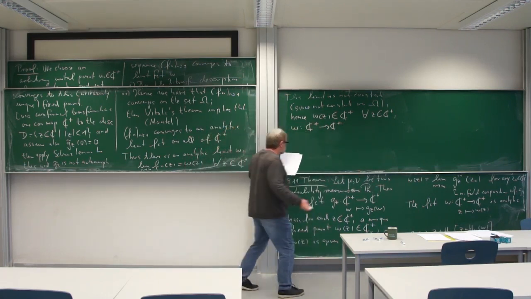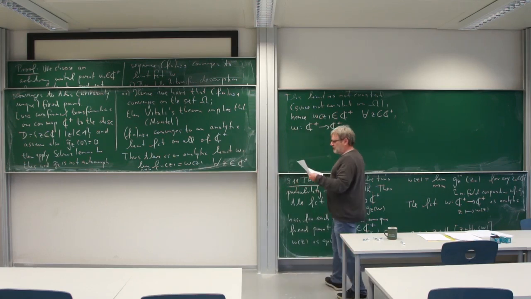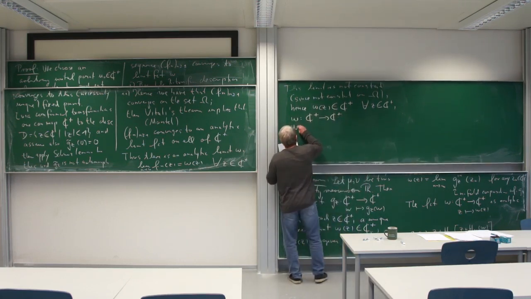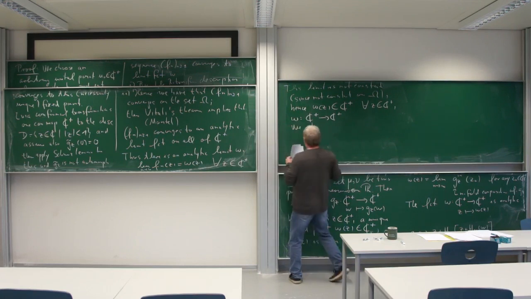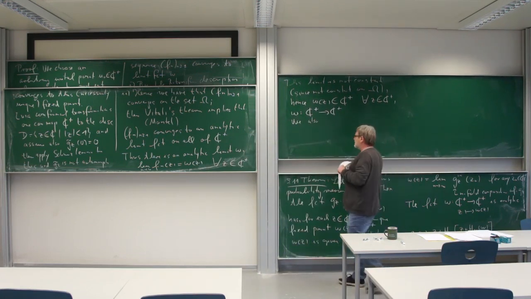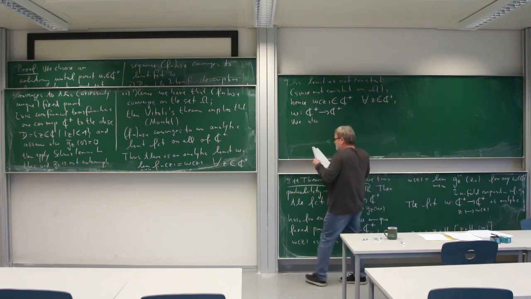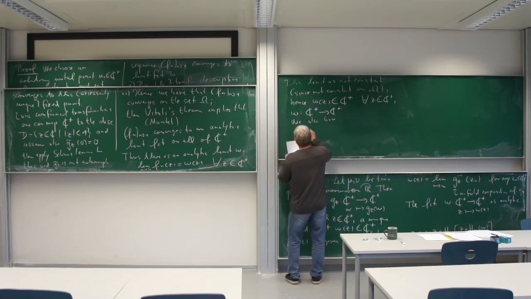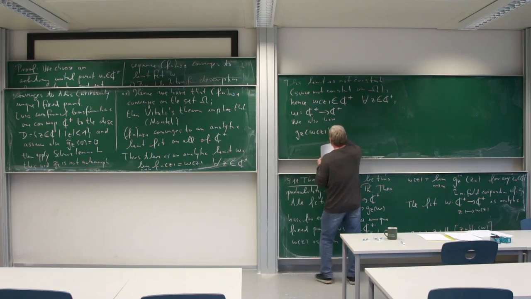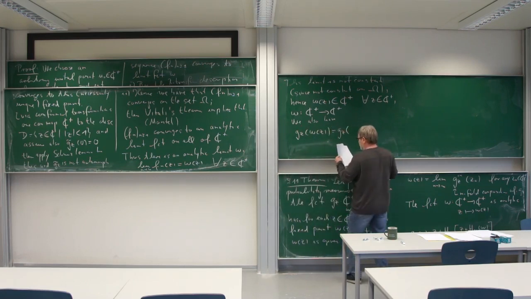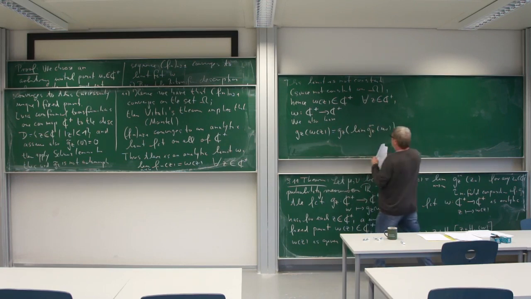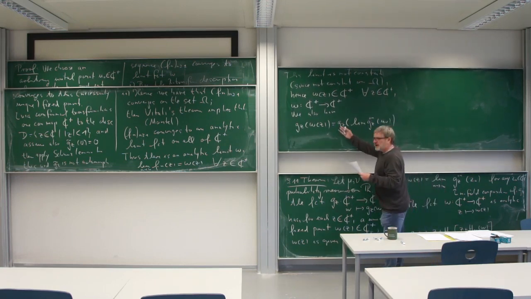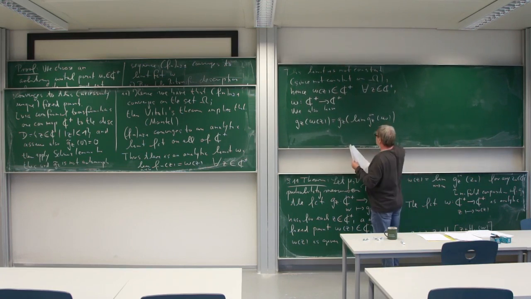And of course, it satisfies the fixed point equation because, and this is somewhat clear, if I have the limit of iterations, if it converges, then this limit must satisfy the fixed point equation. So, of course, we have gz of omega of z. So what we have seen, and this omega of z is the limit of compositions of gz with itself from some starting point. Okay, but now I apply gz to this limit, everything is continuous.